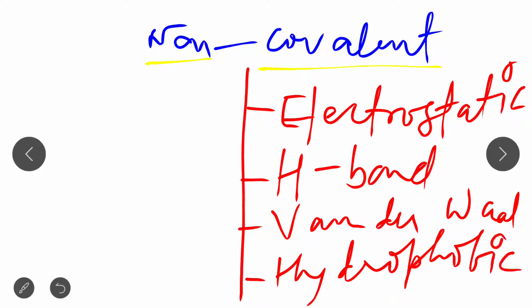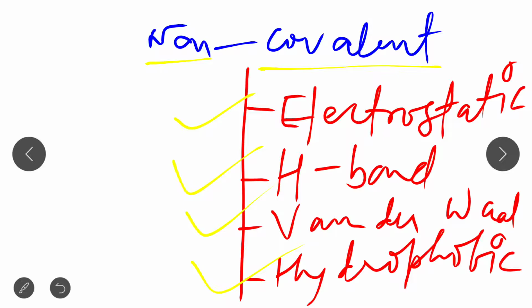So these are the four types of non-covalent interaction, and we will look at all of them in detail.